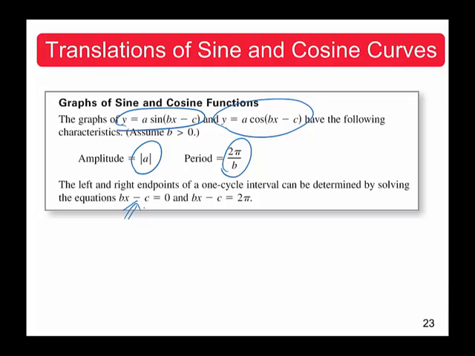Right hand point comes from bx minus c equals 2 pi. Again, between 0 and 2 pi, that's one period. So make sure you know the period stays as is. Just apply some phase shift to this. So the phase shift is equal to a horizontal shift of c over b units. Right? This is the phase shift.